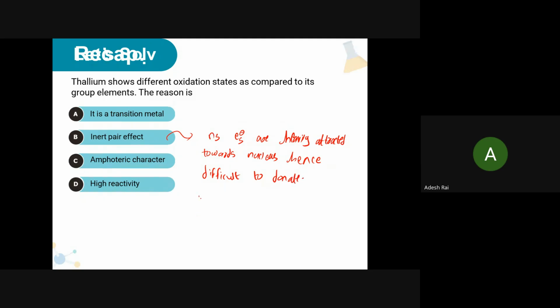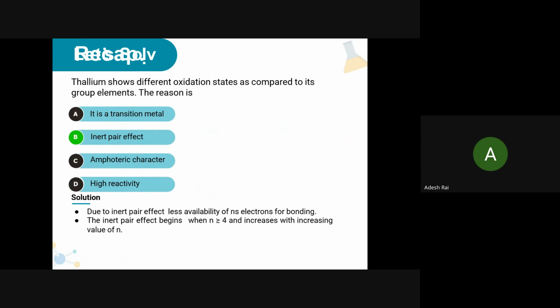Therefore, thallium loses only p electrons. Understood? Therefore, the +1 oxidation state. Got it or not? The reason lies in the inert pair effect. Can you proceed?